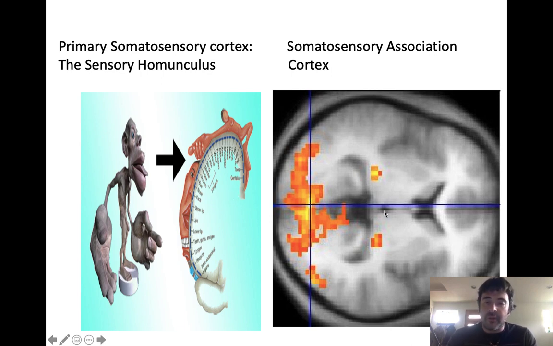Now, one of the things I want to highlight, and this is just a brief tangent that I'm going to take on mental illness, is this was a PET scan, which is essentially where you look at the distribution of radioactive glucose in the brain and you can kind of make the inference that that's a spike in brain activity. But this is a PET scan of somebody who's schizophrenic.